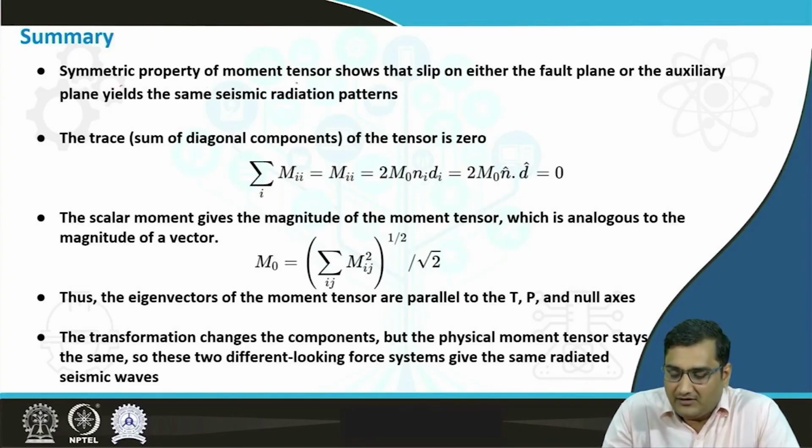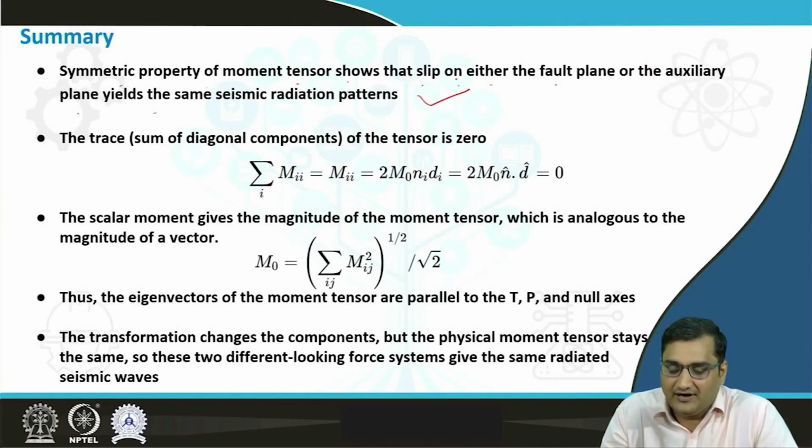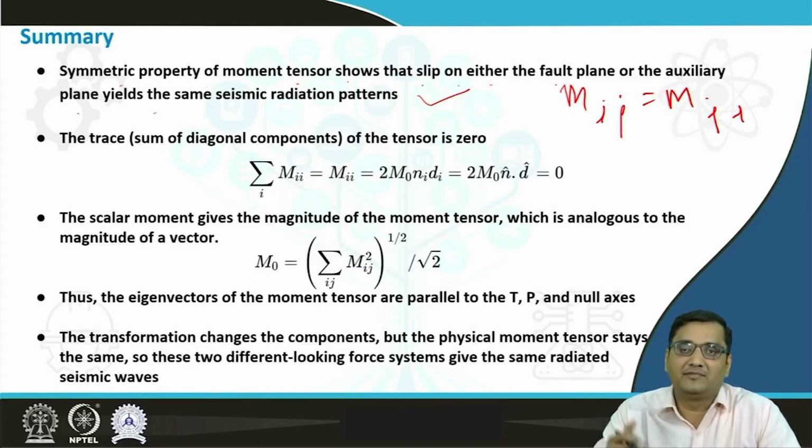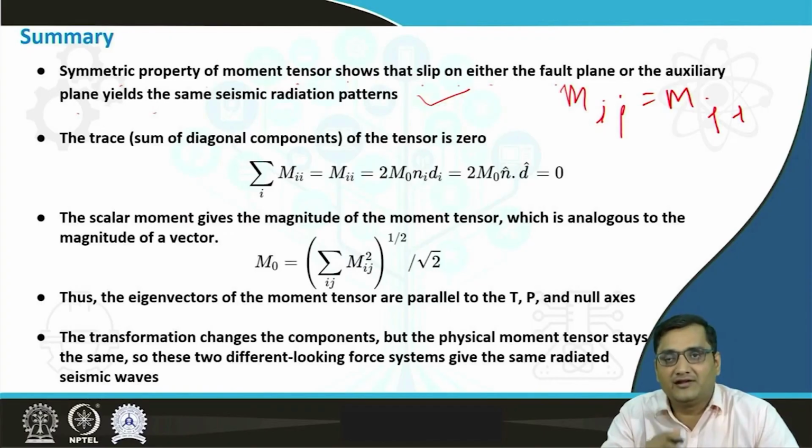The symmetry property of the moment tensor shows that slip on either the fault plane or the auxiliary plane yields the same seismic radiation pattern. We have shown that the symmetry means Mij is equal to Mji. That basically shows that the slip on either the fault plane or the auxiliary plane yields the same seismic radiation pattern.